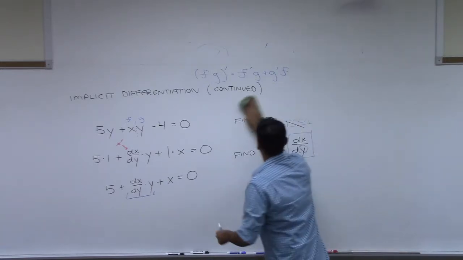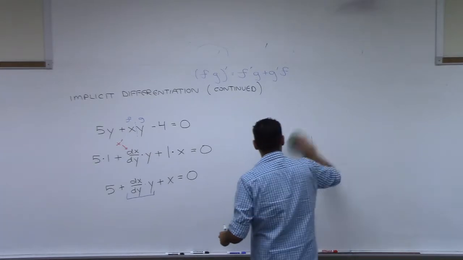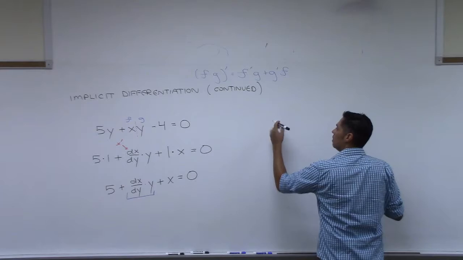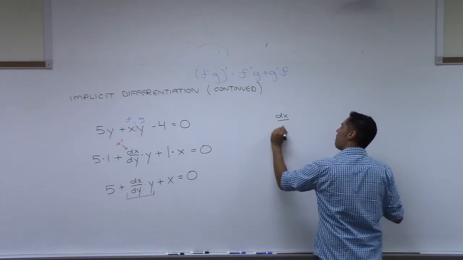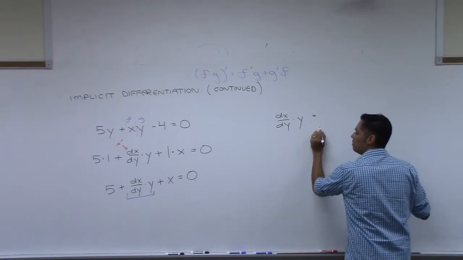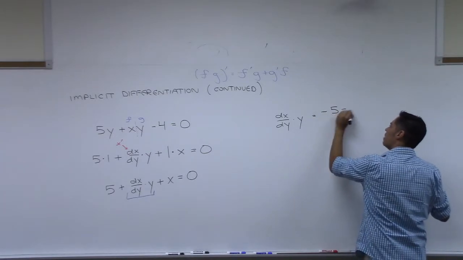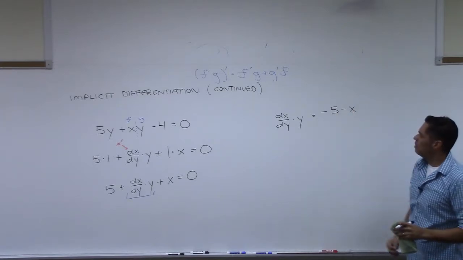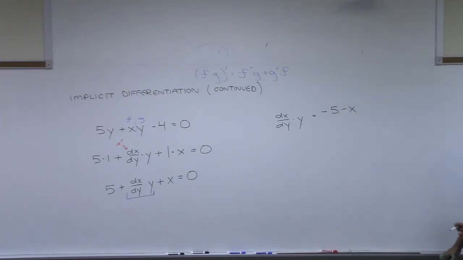Let me erase this. What should my next line read if I'm going to move everything to the other side? dx/dy times y equals negative 5 minus x. You could also have written negative x minus 5. It's the same thing. And I believe we have one more step.